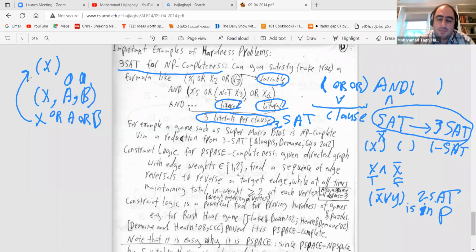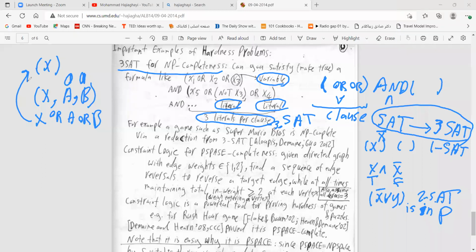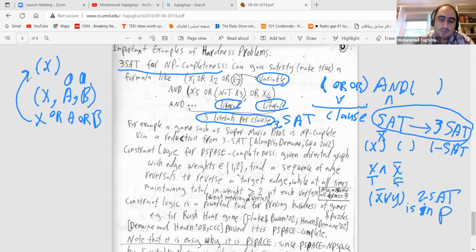So please unmute and answer. Is it clear? Yes. But the issue is that we have still not resolved the issue. How can we force A and B to be 0? We can add more clauses. What type of clauses?